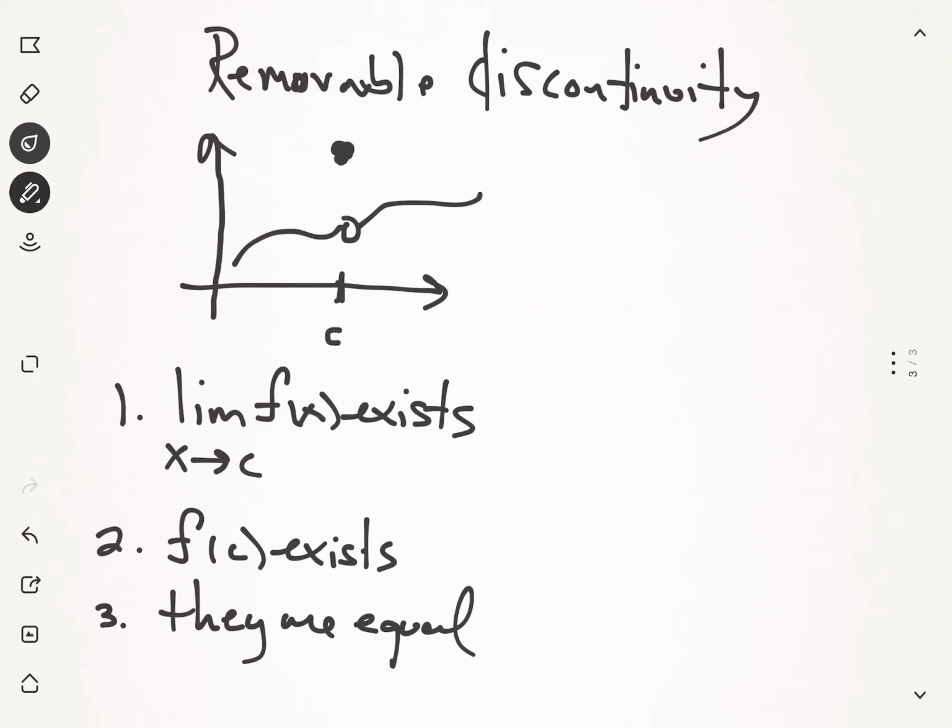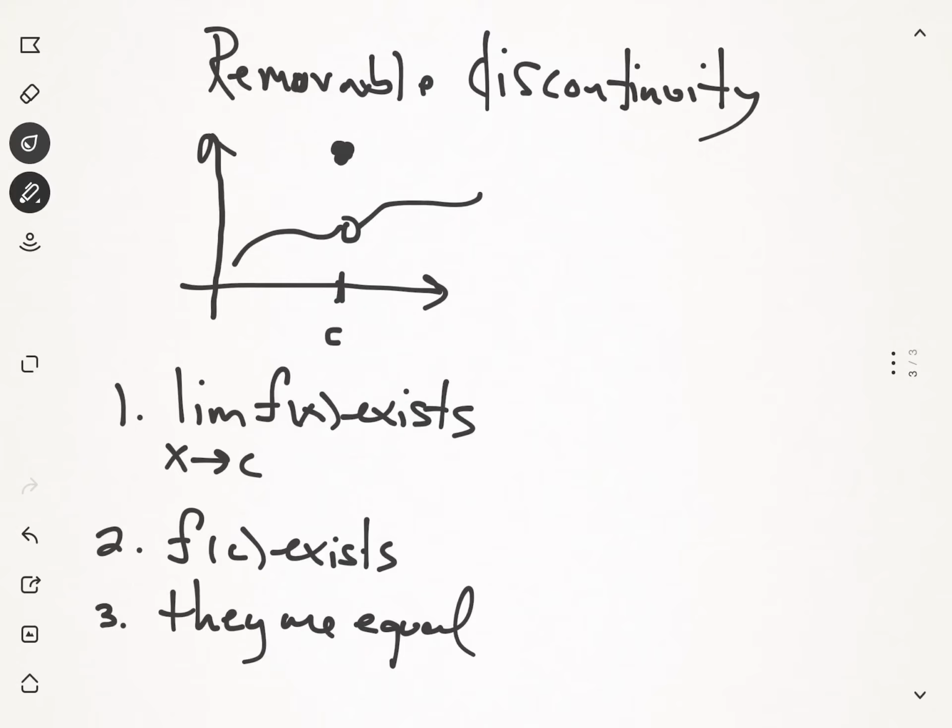A question we want to ask ourselves: does a function have to be defined at a point to have a limit? Or another way of saying it is, if a function is not defined, does a limit exist? From our definition of limit, all we are trying to do is approach the value.